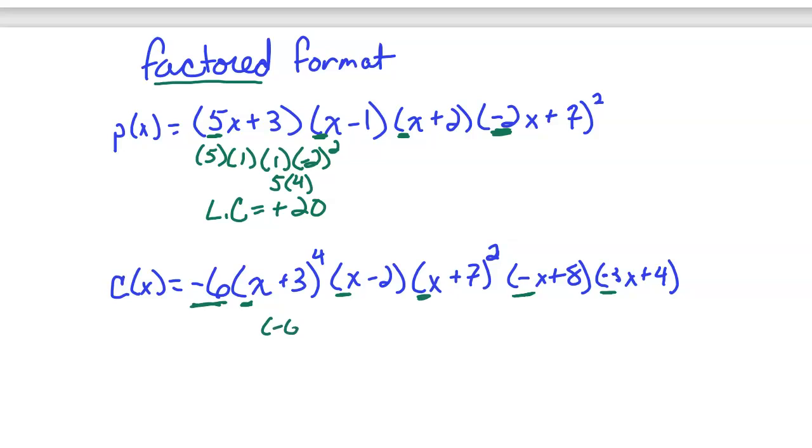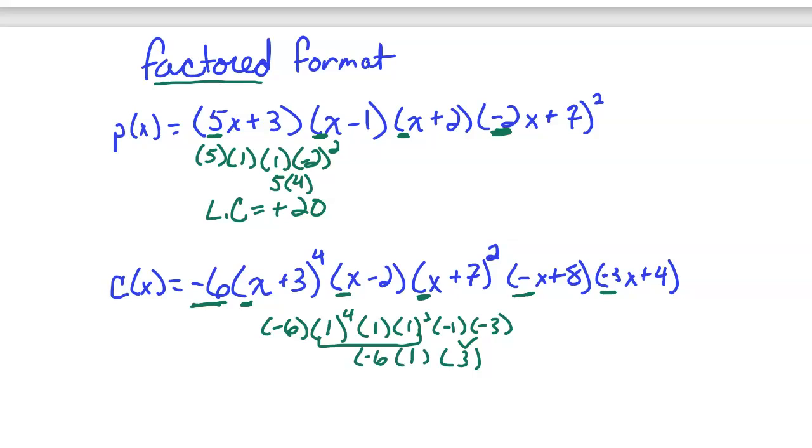So we're going to have a negative 6 times 1 to the 4th power times 1 times 1 squared times negative 1 times negative 3. So this 1 is just going to be a 1. This will just be a 1. So I have a negative 1 and a negative 3. Those would become a positive 3. All of these are just 1s.